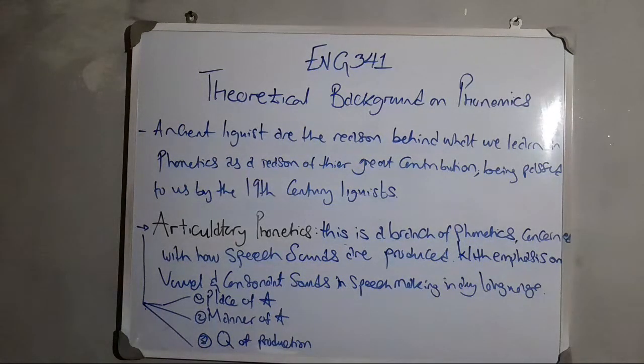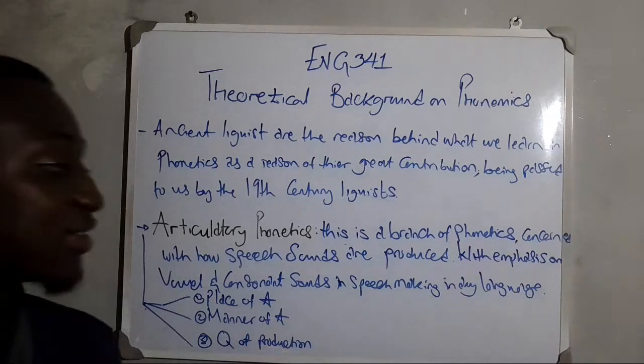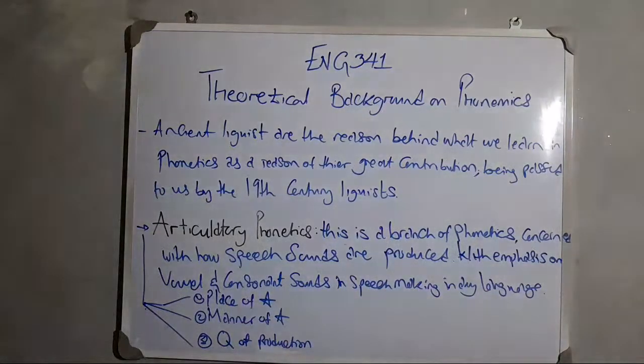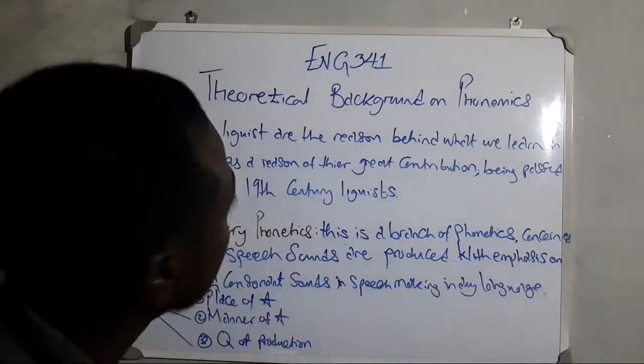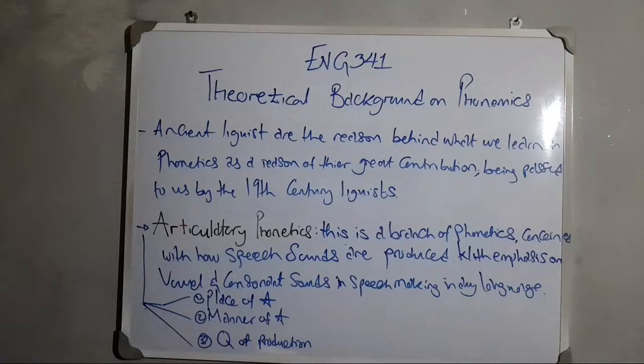So we spoke about articulatory phonetics, a branch of phonetics concerned with how speech sounds are produced, with emphasis on vowel and consonant sounds in speech making in any language. It focuses mainly on three areas: place of articulation, manner of articulation, and quantity of production.